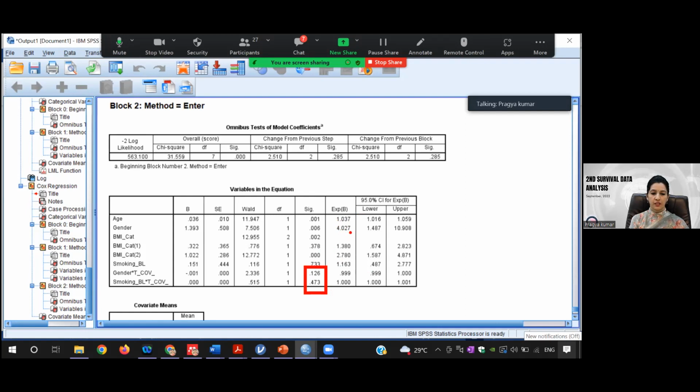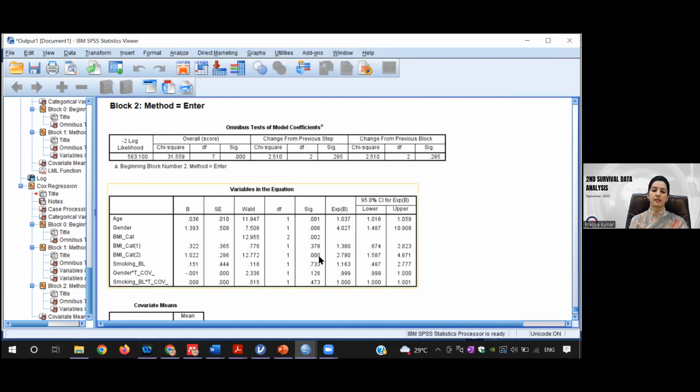Even the BMI has also changed. Although in our case, this is more applicable when the proportional hazard assumption was not met. To use this model, ideally this interaction term should be significant. Then we will use this equation rather than the simple Cox regression.